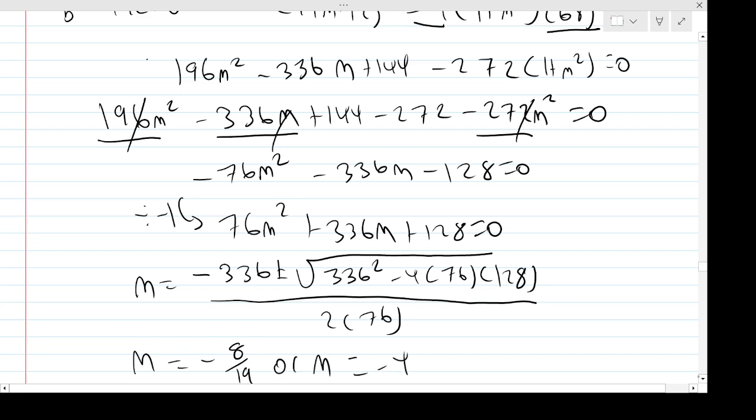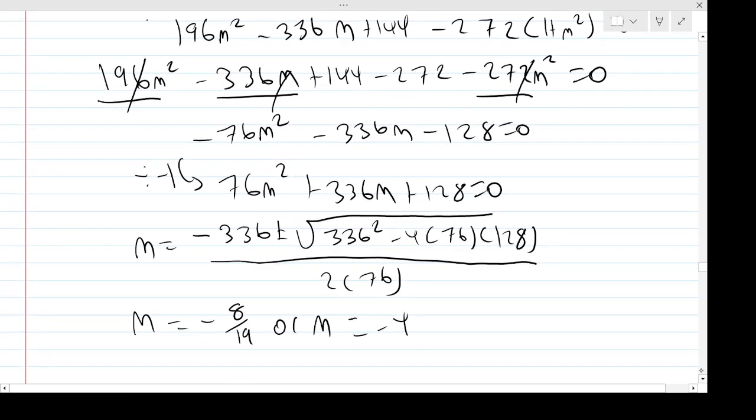So again, fairly nice values. So again, as an exam tip, that kind of suggests you're on the right path.